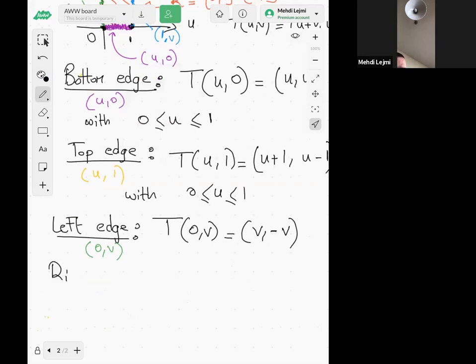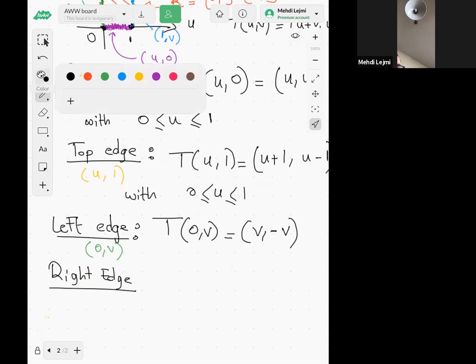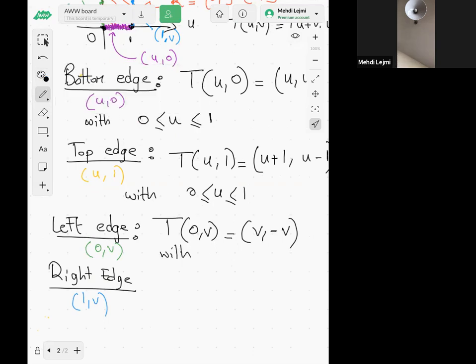And T of (1, V) is just (V plus 1, 1 minus V).